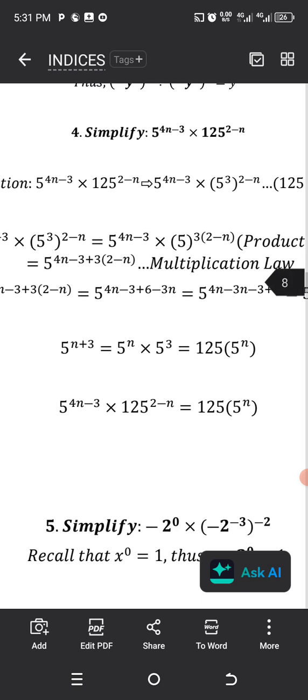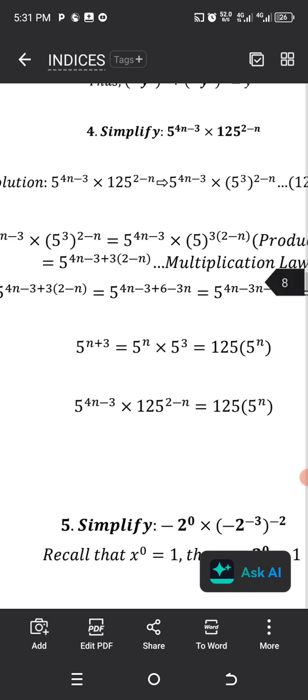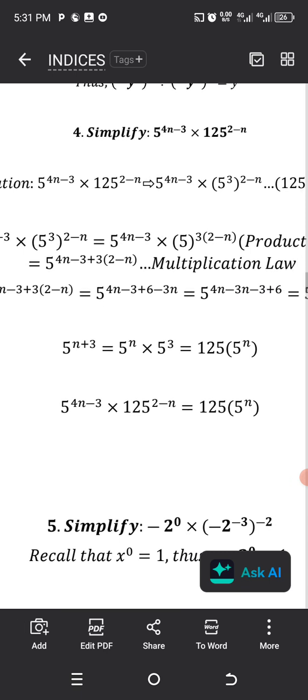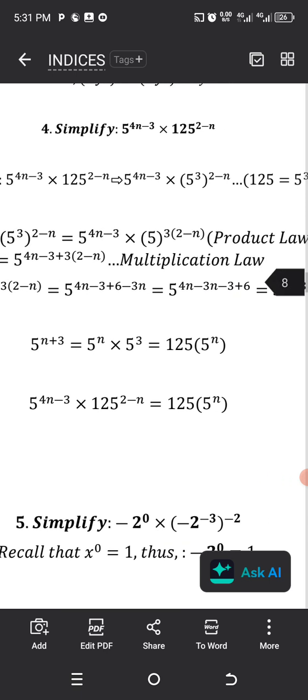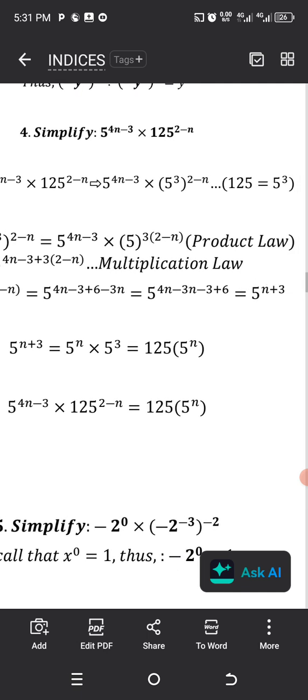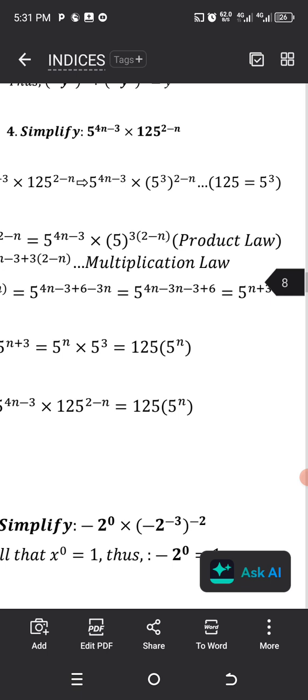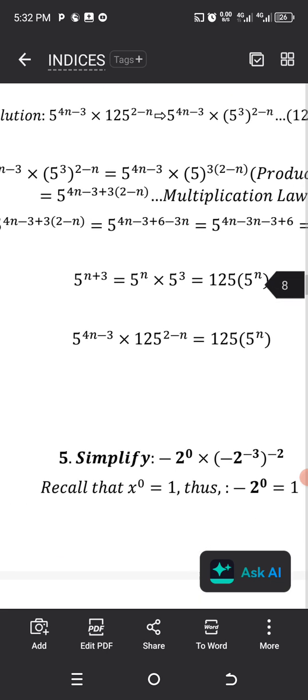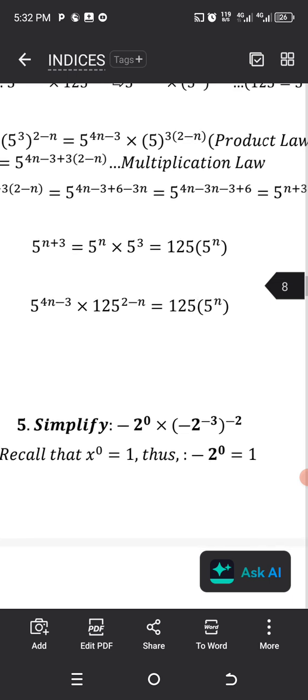So which is equal to what? Multiply the 3 with what is inside the parentheses. We have 5 raised to power 4n minus 3 plus 6 minus 3n. So you collect the like terms with respect to the indices, the power. That is why we are having 5 raised to power 4n minus 3n minus 3 plus 6. And eventually we have 5 raised to power n plus 3. So that is the answer. And you can simplify further.